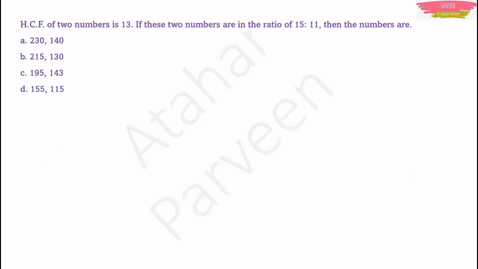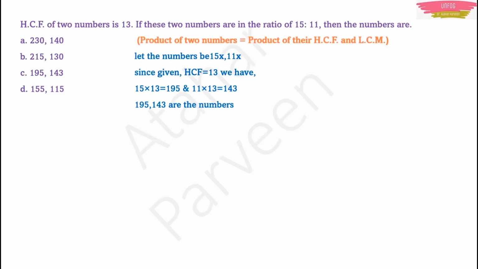Next question. HCF of 2 numbers is 13. If these 2 numbers are in the ratio 15:11, then the numbers are. Here they have given you HCF and they have given you the ratio of those 2 numbers. Let those 2 numbers be 15x and 11x because they are telling about ratio, right? Now you can multiply 15 with 13, you get one number. Multiply 11 with 13, you get another number.